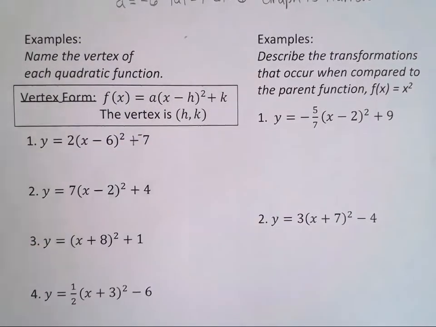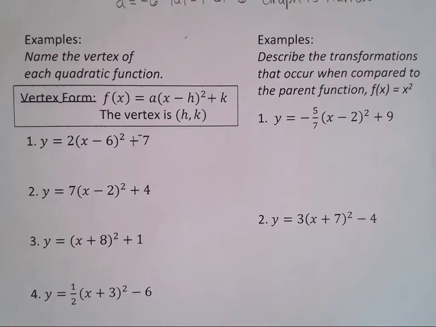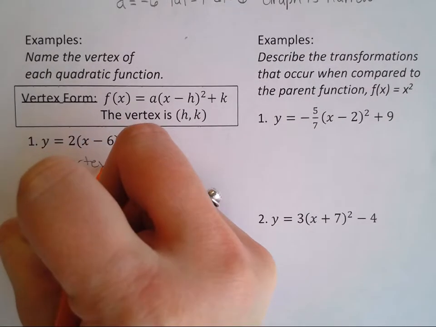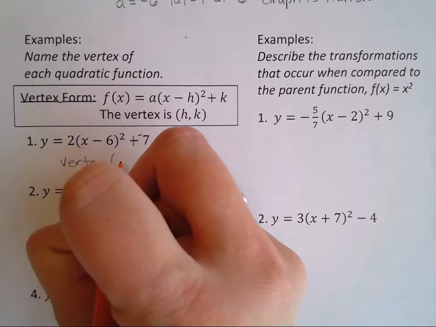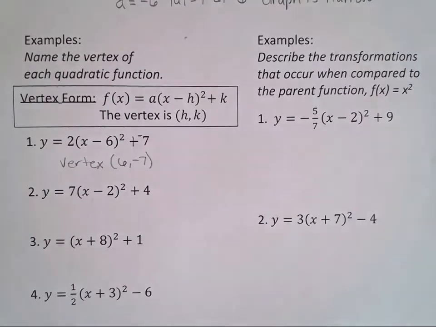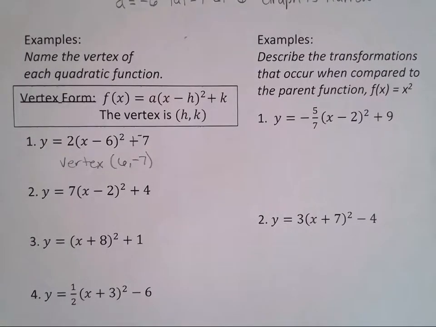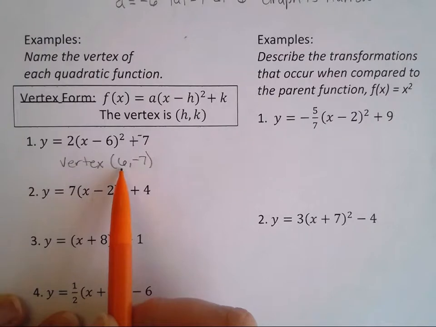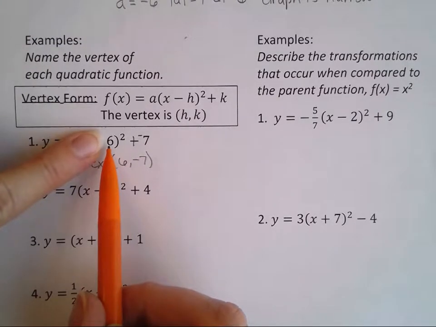If you don't need to do plus negative 7 and can identify negative 7 correctly, then leave it as it is. But the vertex of this equation will be (6, negative 7). Vertex form needs the minus h. In order to find your h, you just take that number if it has the minus sign.